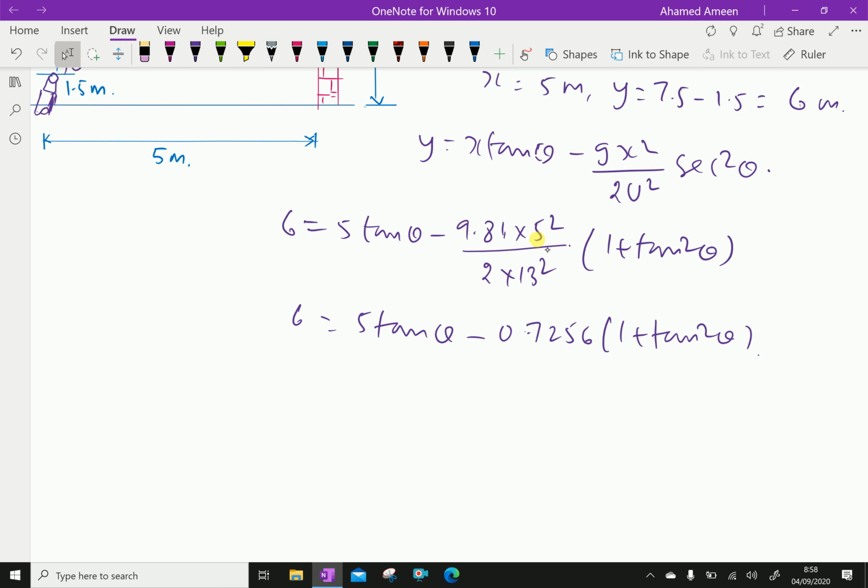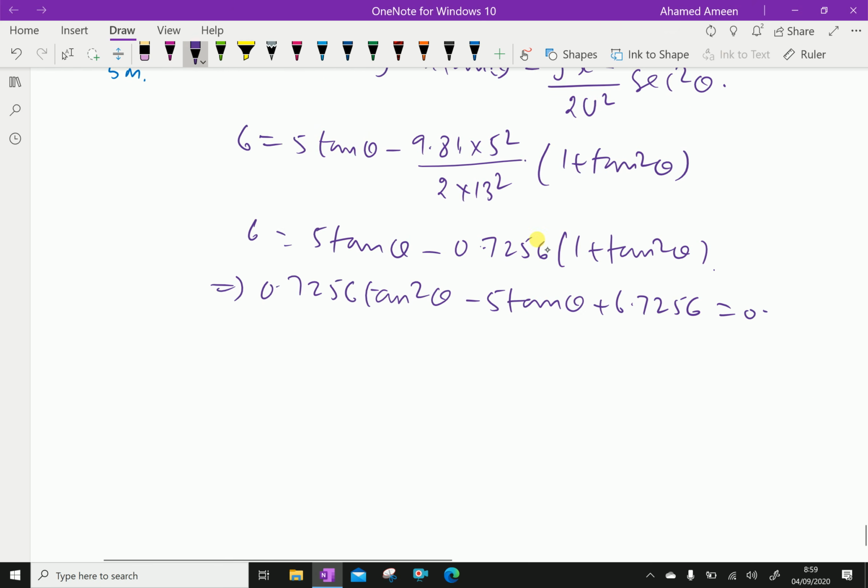By simplifying we get 0.7256 tan square theta minus 5 tan theta plus 6.7256 equals 0, which is a quadratic in terms of tan theta.